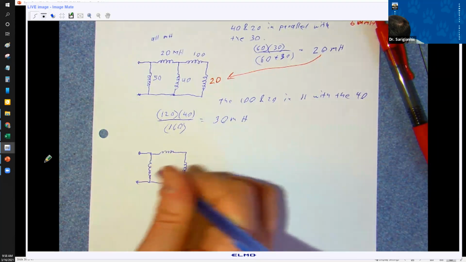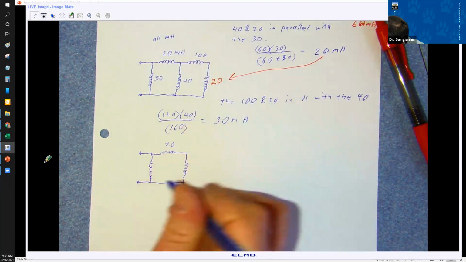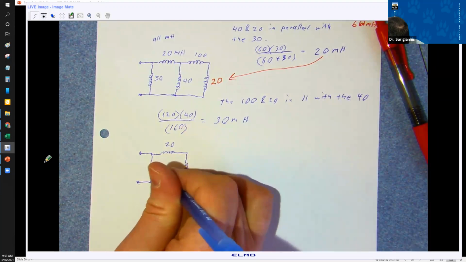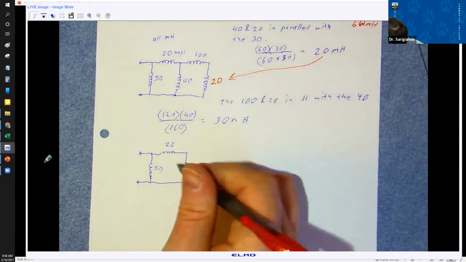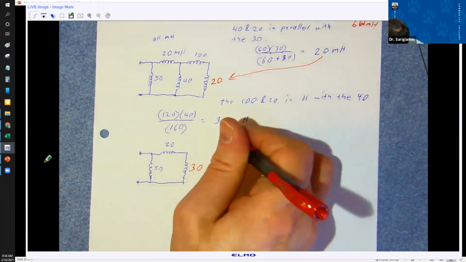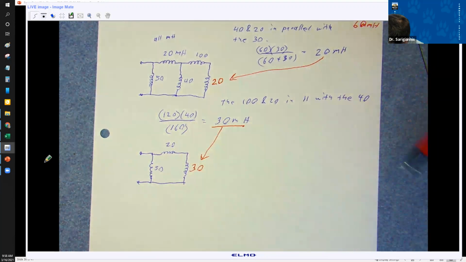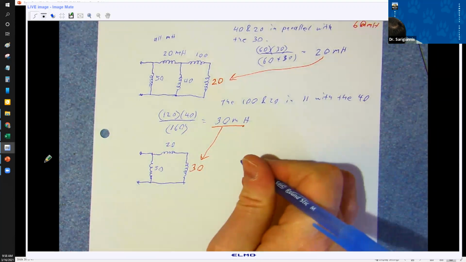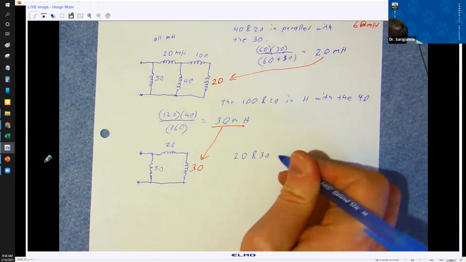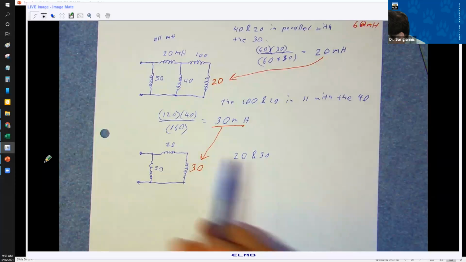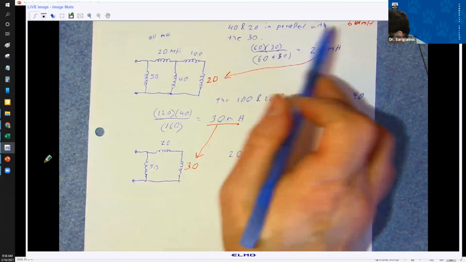So here we've got 20, 50, and this is our 30. So now we've got 20 and 30. I mean, when I say 20 and 30, these are in series. You can sort of figure that out.